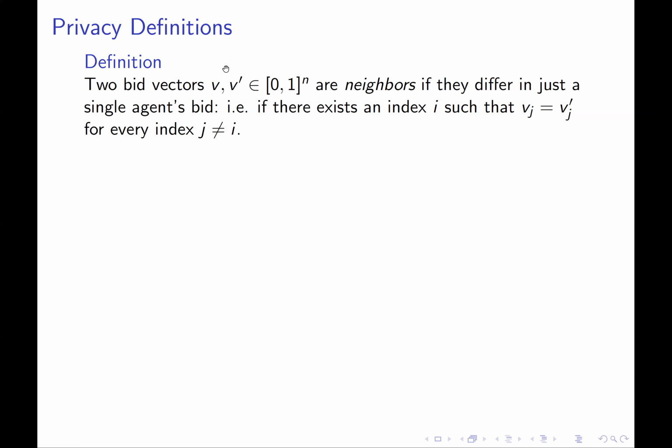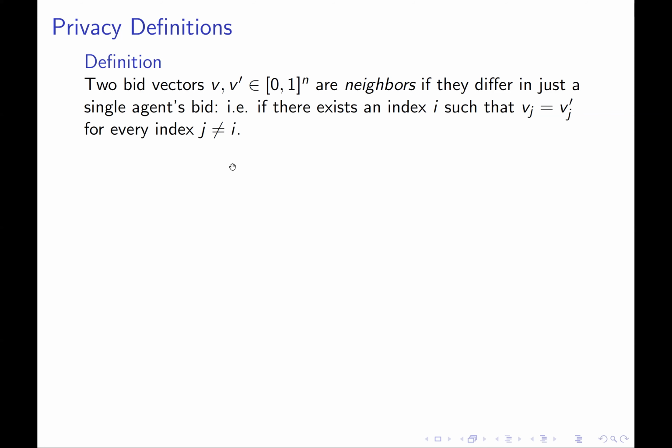Meaning, there's some bidder i whose bid is different between v and v prime, but everyone else's bid is the same.